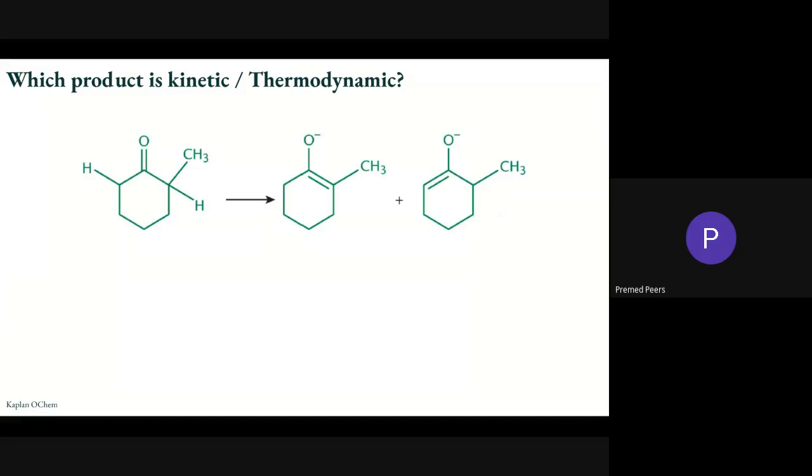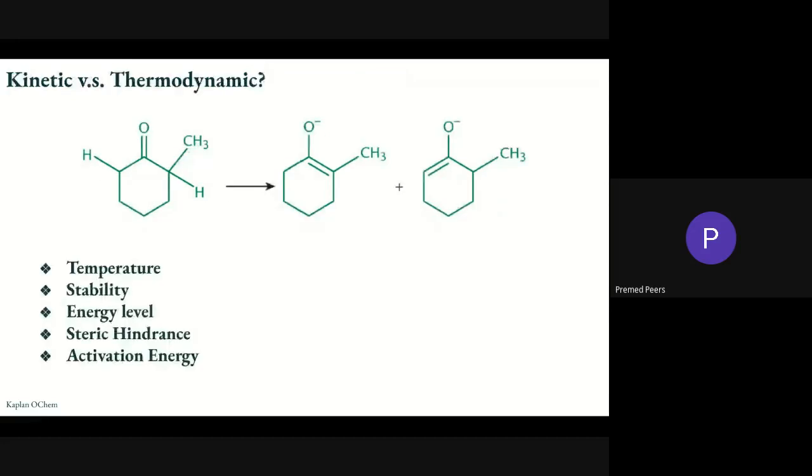So here shows two possible outcomes when you deprotonate the species. And you can see that there are two options, the hydrogen on the left and the hydrogen that is bonded to a tertiary carbon.